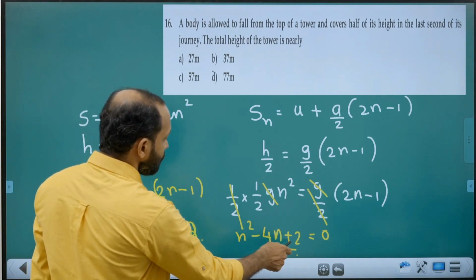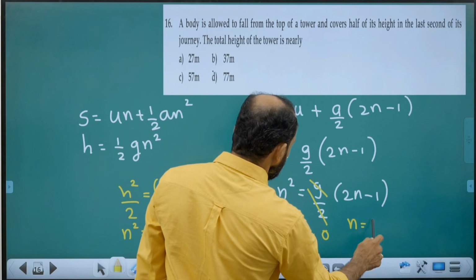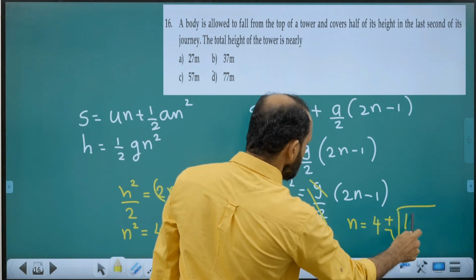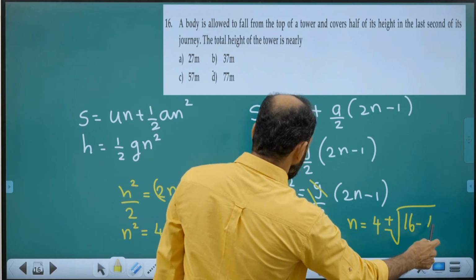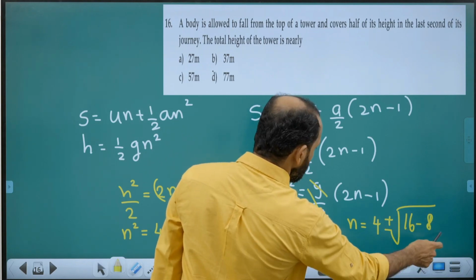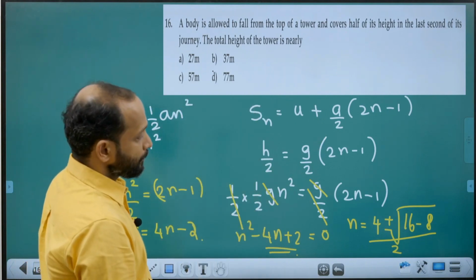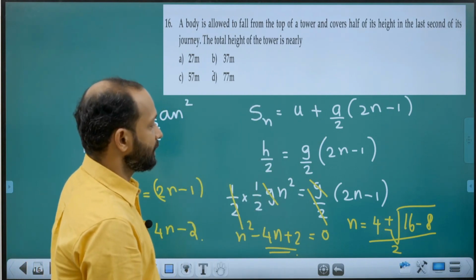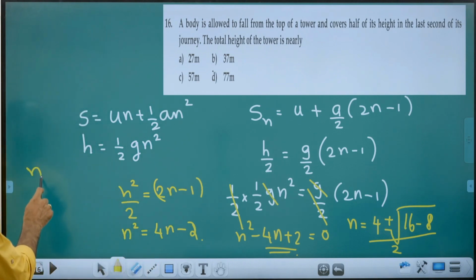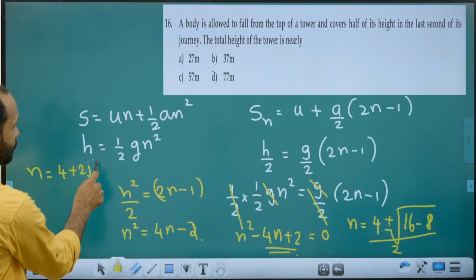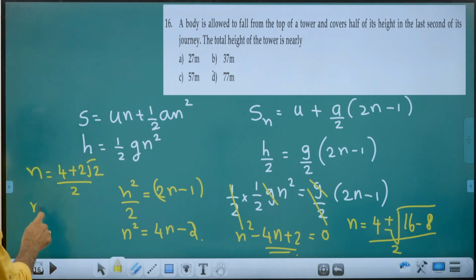You can find the value of n by using the quadratic formula: minus b plus or minus root b square minus 4ac, divided by 2a. You will get 4 plus root 8, that is 2 root 2. I'll write here 4 plus 2 root 2 divided by 2, that can be written as, 2 cancelled, 2 plus root 2.